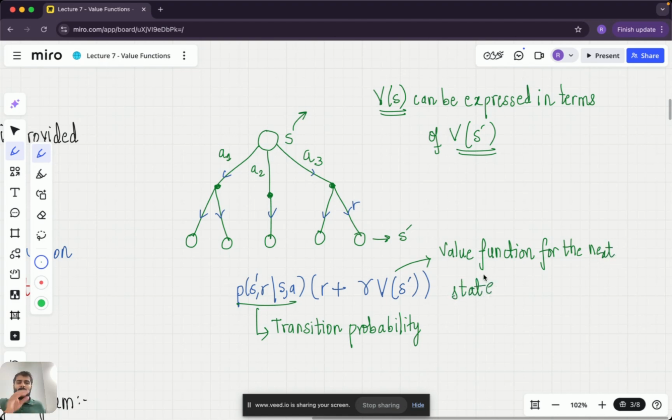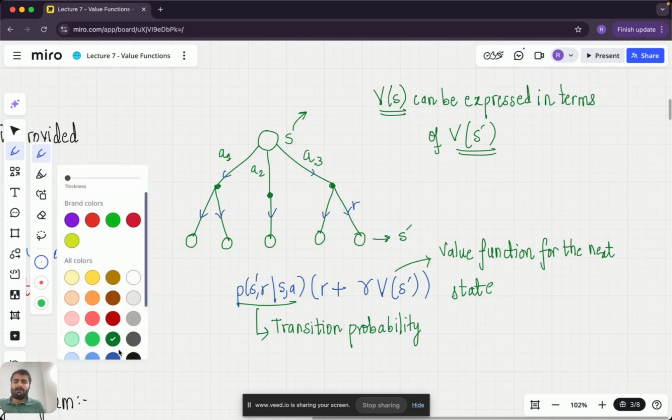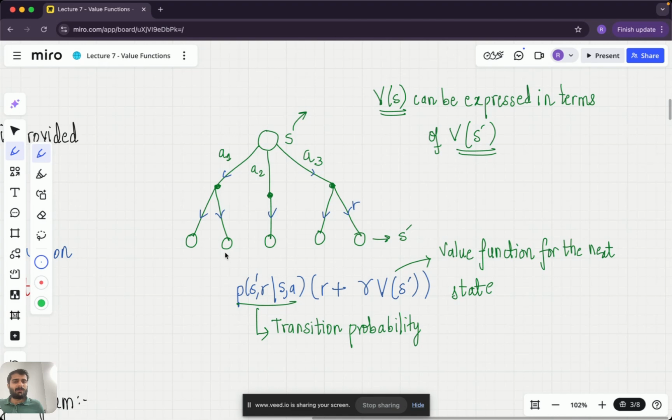And then all of this you again have to multiply by the probability that the agent is going to take that action in the first place, which is pi of a given s, and then you just sum it up for all possible next states and rewards, all possible s dash comma r.